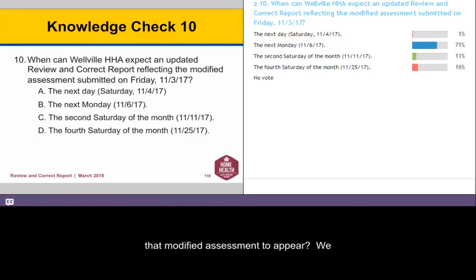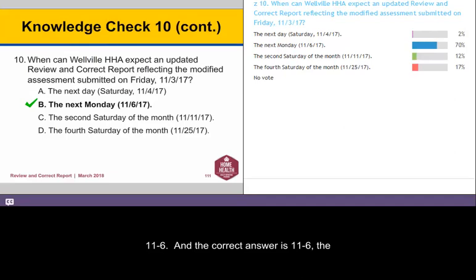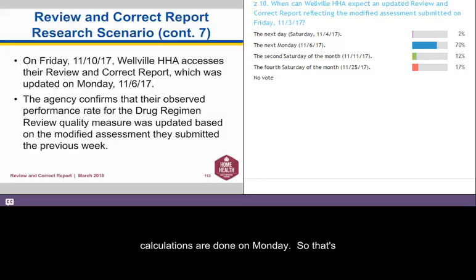We have a significant majority who believe that this will occur on the following Monday, 11/6. And the correct answer is 11/6, the following Monday, because review and correct reports are always calculated on Mondays. So that's why that answer is correct.